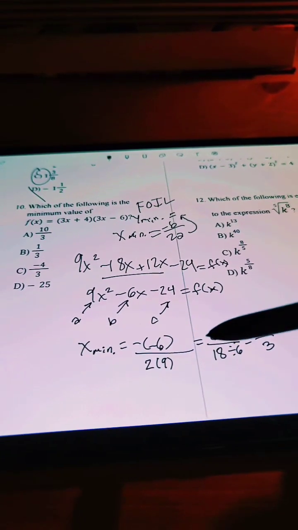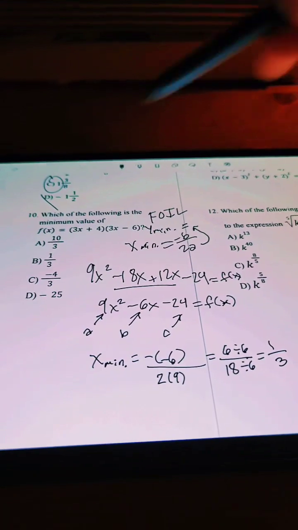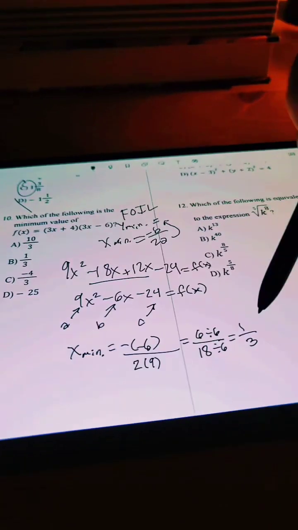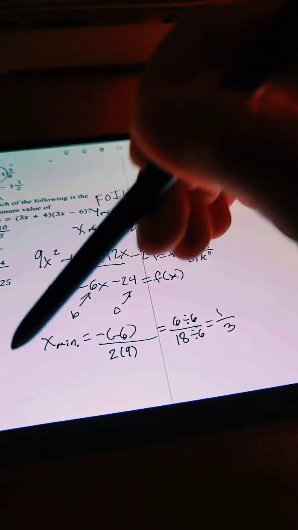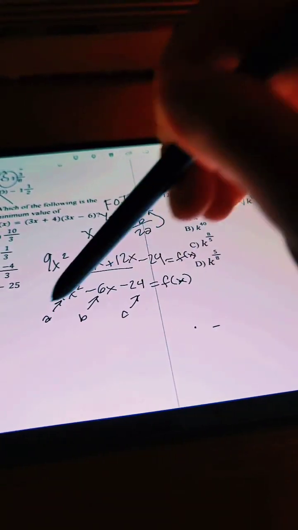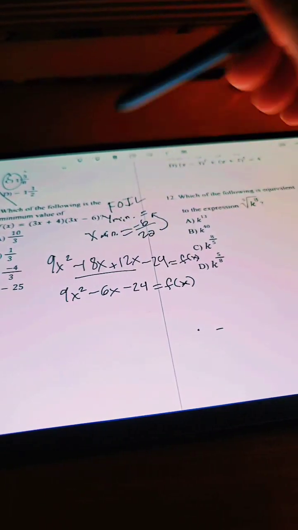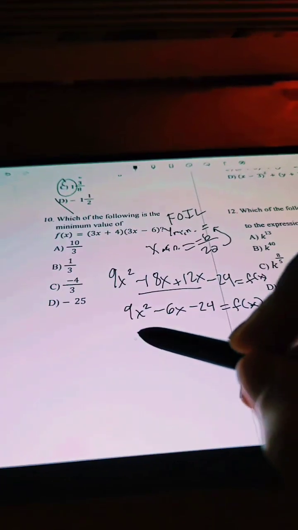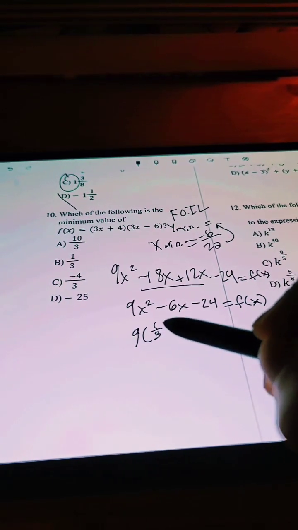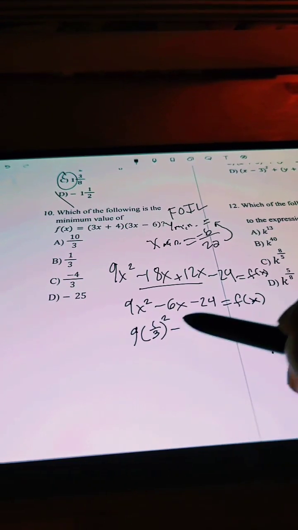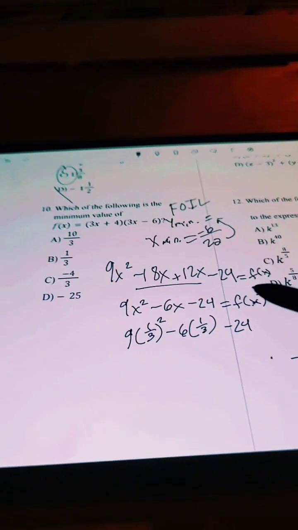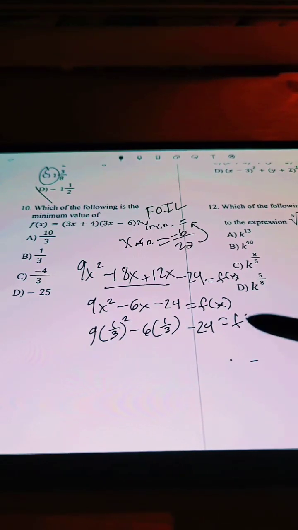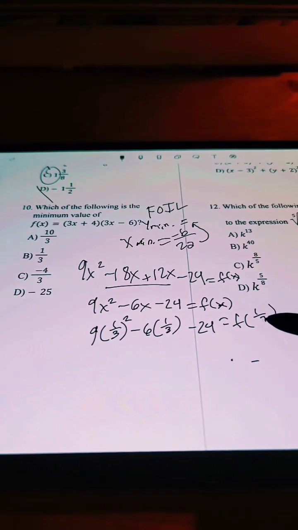So that's the x min. But remember, we're being asked for minimum value, so we have to find the y min by plugging this in for x. So now I'm going to plug in 1/3 for x. It's going to be 9 times 1/3 squared minus 6 times 1/3 minus 24, which is going to give me f of 1/3.